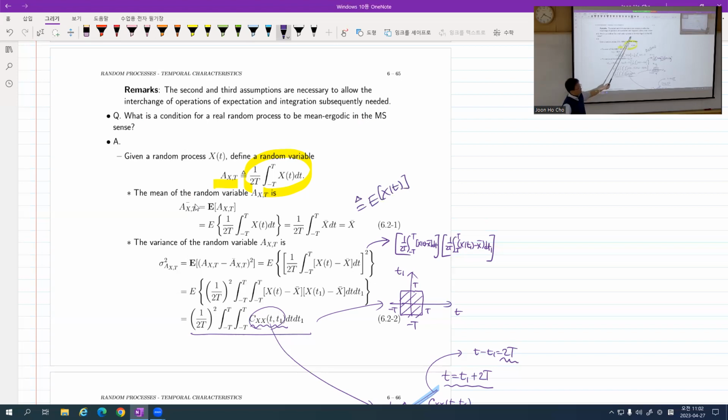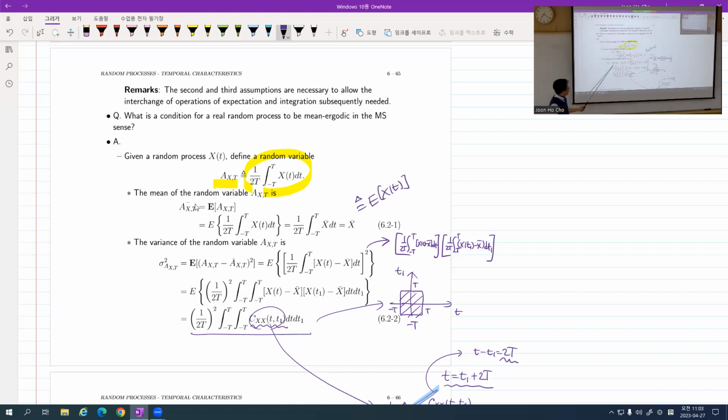Now, in order to show that this random process is mean ergodic in the mean square sense, we just rely on the definition of the mean square convergence of a sequence of random variables. Since the mean of the random variable is always the same as the statistical mean, which is the target value, the limit of the sequence, we subtract this target limit from the time average X sub T and compute the mean square.